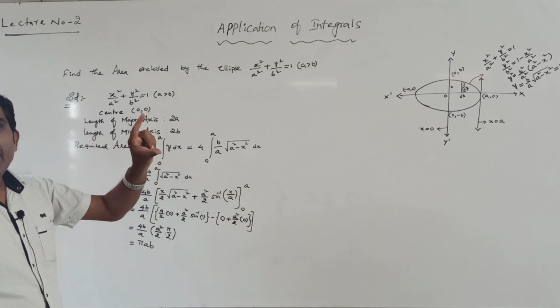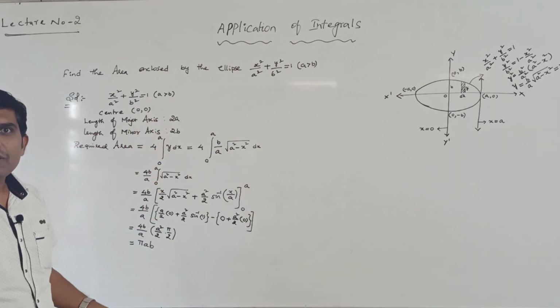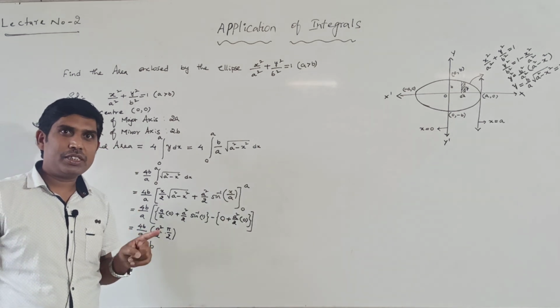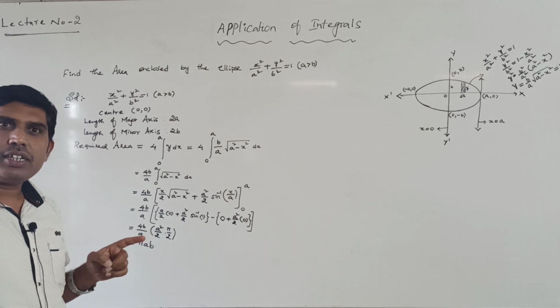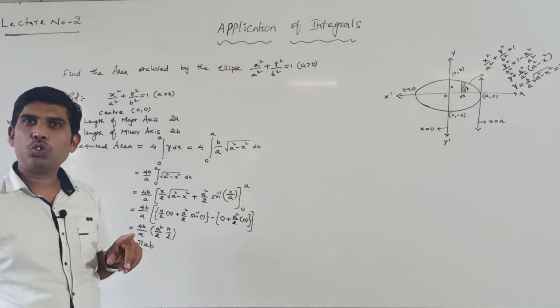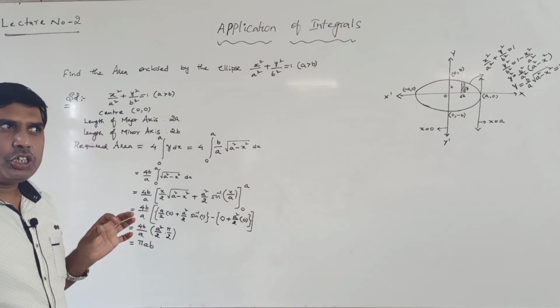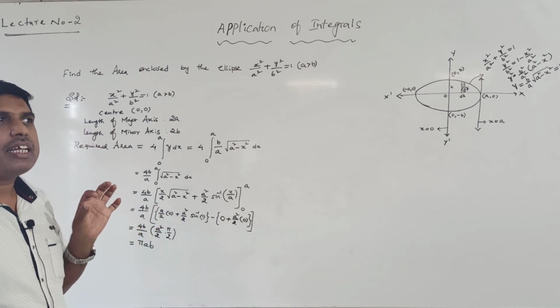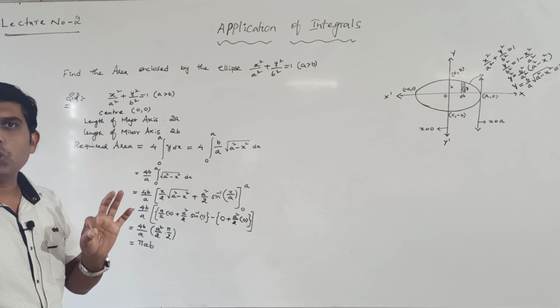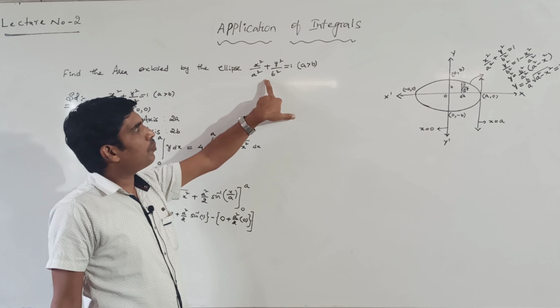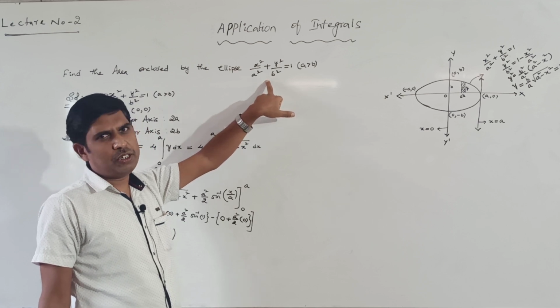What is the link between ellipse and circle? A circle is a particular case of ellipse. In first year linear inequalities we have a question whether a statement is true or false, like that. So a circle is a particular case of ellipse, whether it is true or not. True. Why? Because see here, x square by a square plus y square by b square is equal to 1.